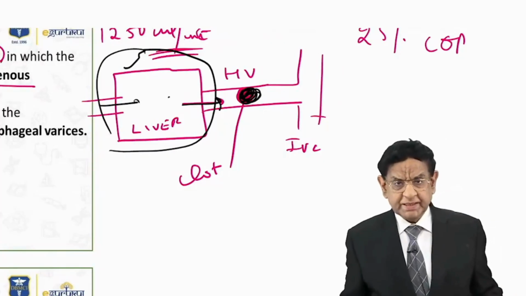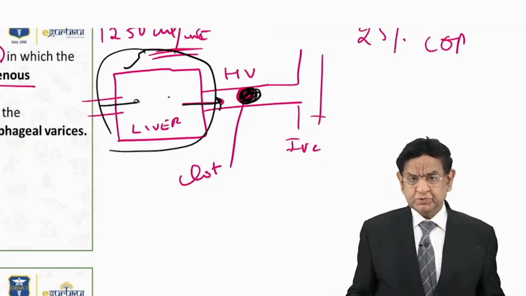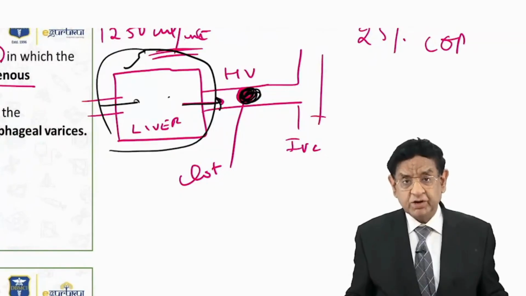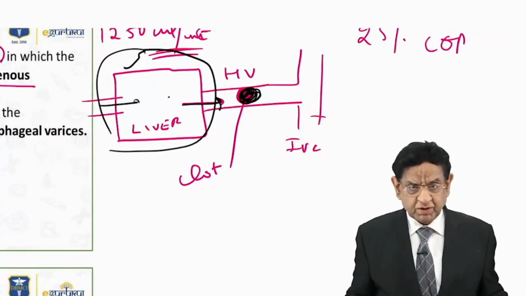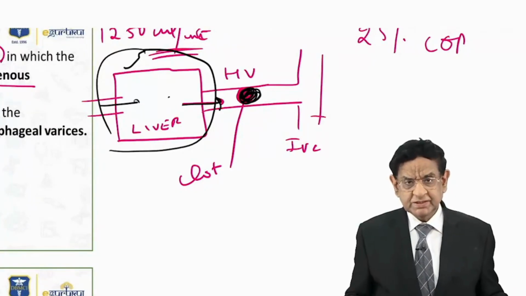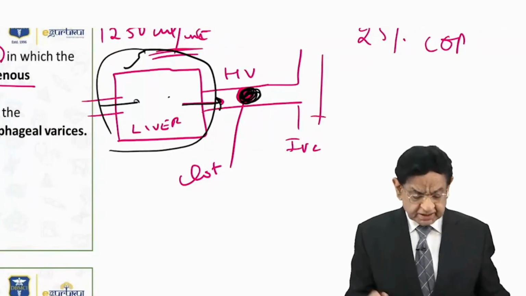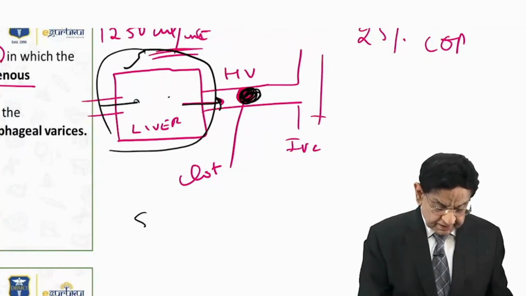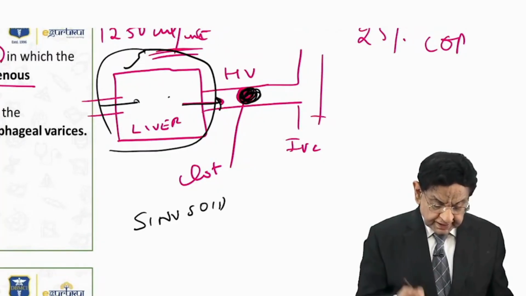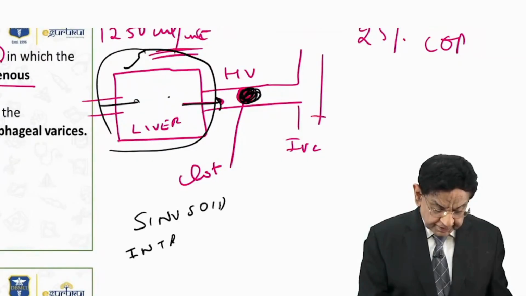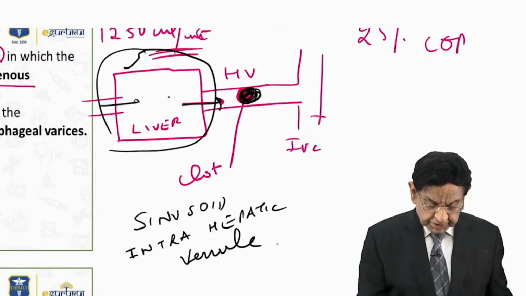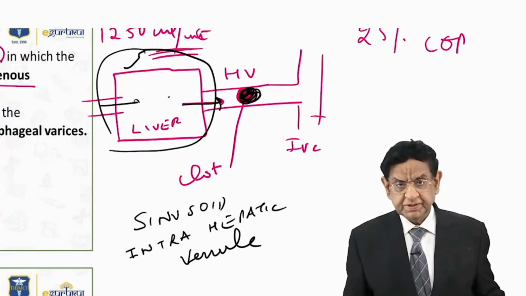It would try to, but it has a limitation. It has a capsule around it. So of course there is a limit beyond which it cannot expand. Everything is congested: all the sinusoids, hepatic veins and intrahepatic venules, they all will be congested, right?